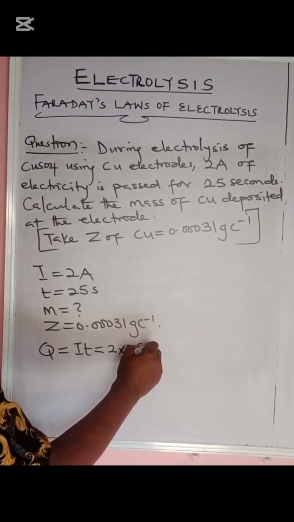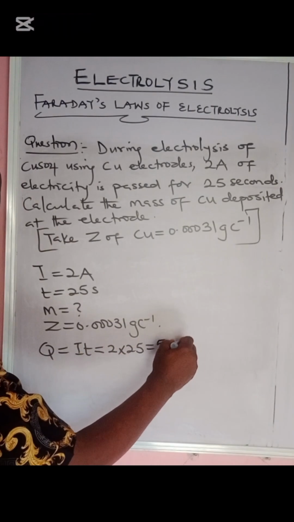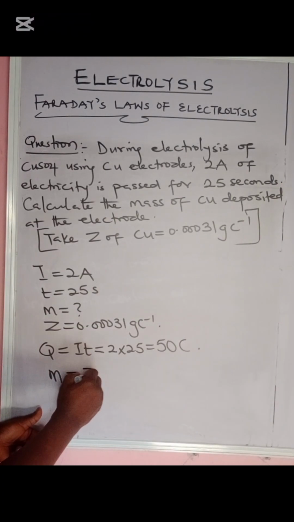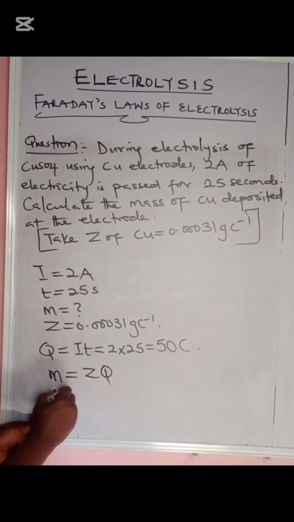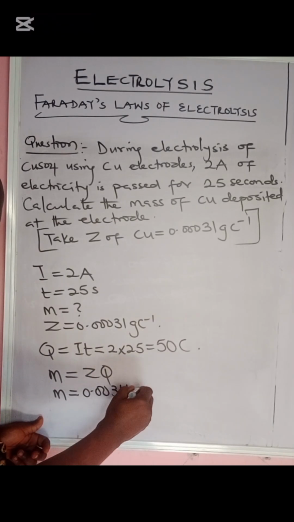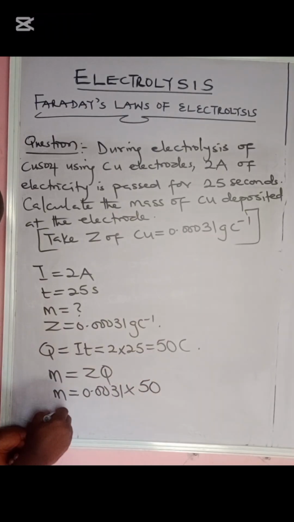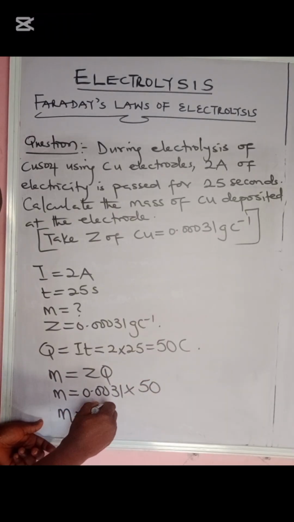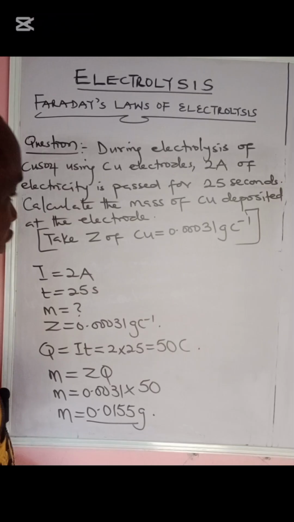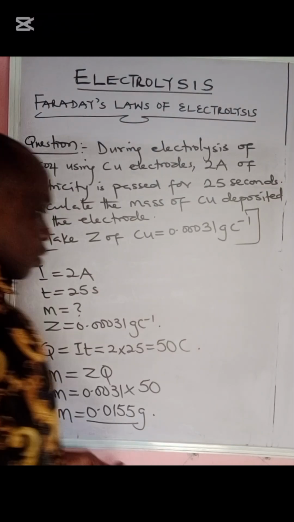So this is equal to 50 coulomb. From Faraday's first law, m is equal to ZQ. So m is equal to 0.00031 multiplied by 50. The mass of the substance deposited will now be 0.0155 gram. That's the answer. This is a very good example to illustrate Faraday's first law.